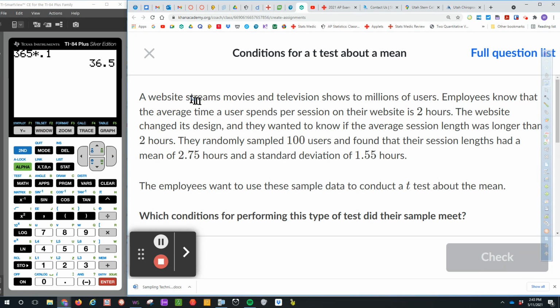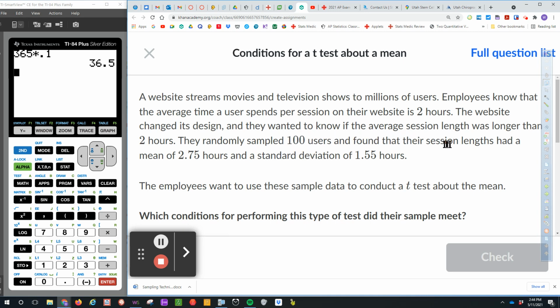Let's see. A website streams movies and television shows to millions of users. Employees know that the average time a user spends per session on their website is 2 hours. The website changed its design and they wanted to know if the average session length was longer than 2 hours. They randomly sampled 100 users. Wow, this is more than 30.